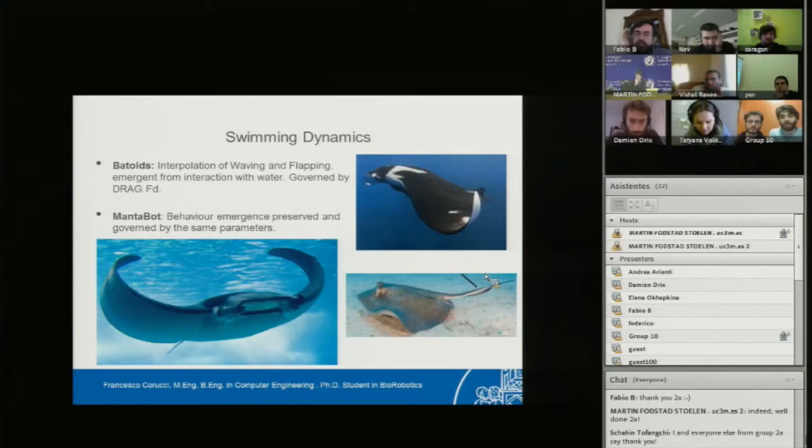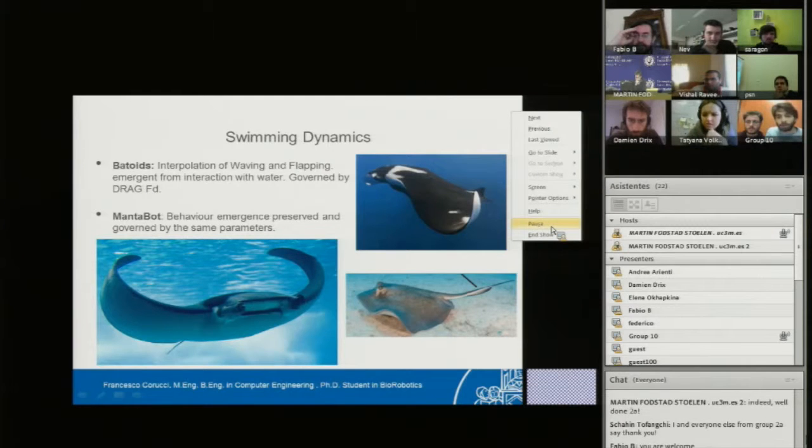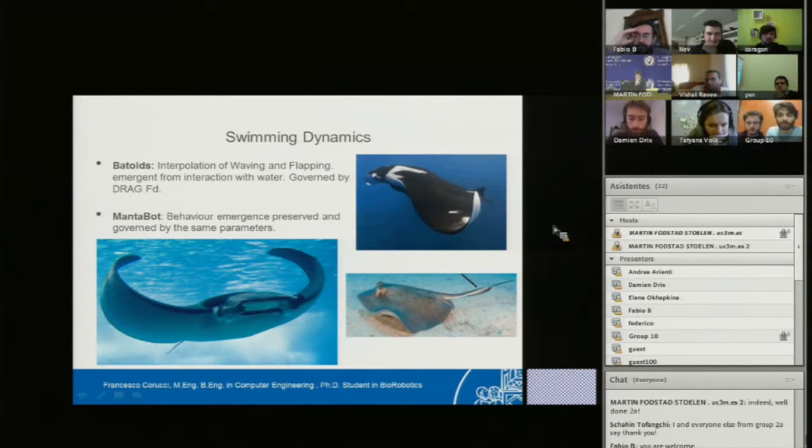One is flapping, like birds, that you can see in the bigger pictures in the center and the right top. That is a manta ray doing a sort of flapping, but in the right top you can also see that this flapping is not homogeneous along the fin, but is also moving from the head to the back of the animal in a sort of wave.